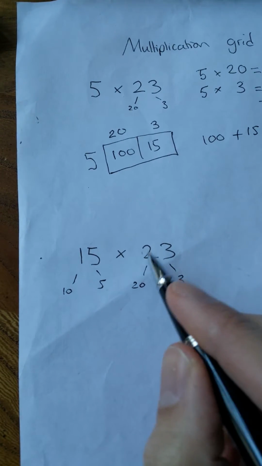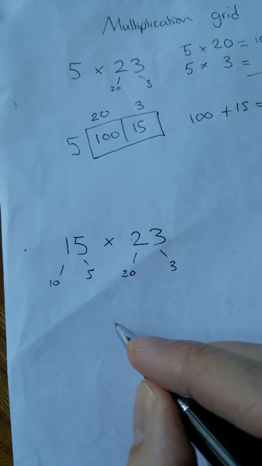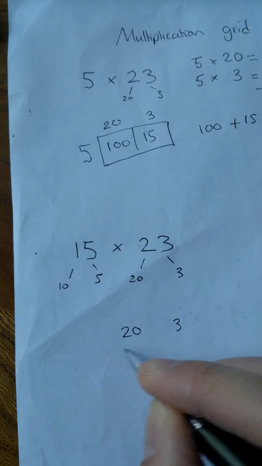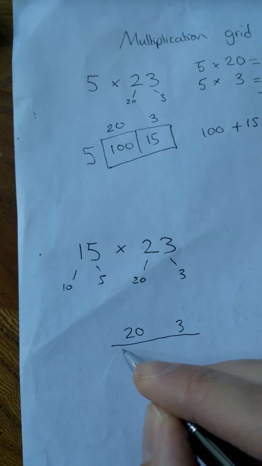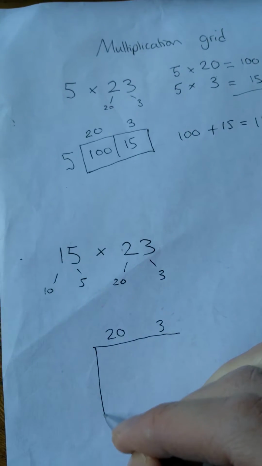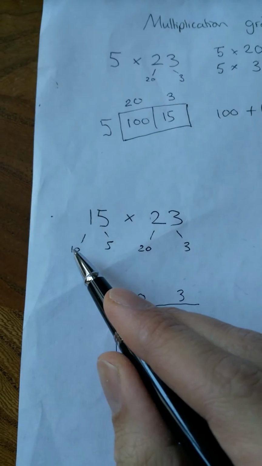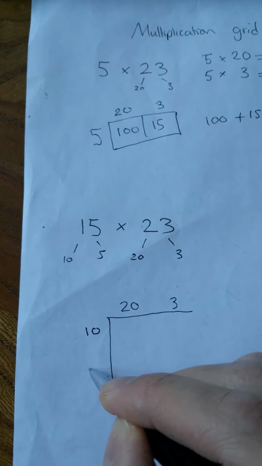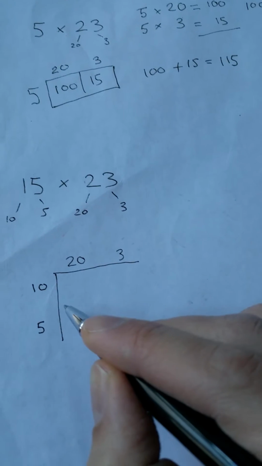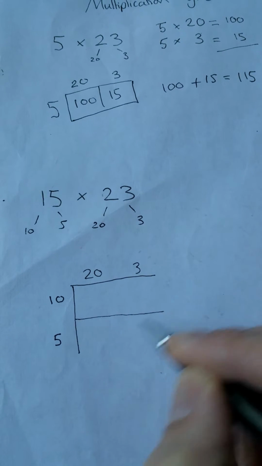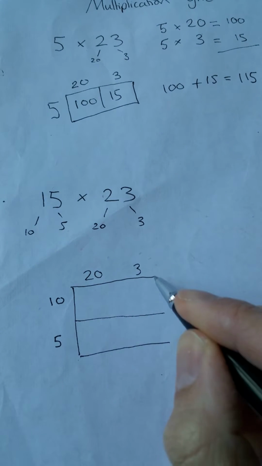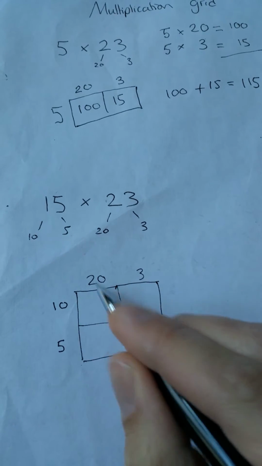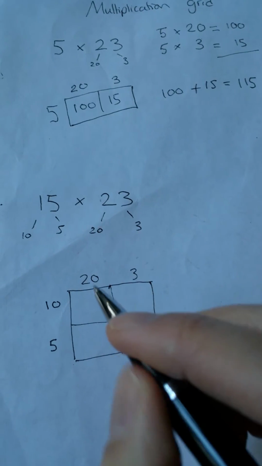I can still have my 20 and my 3 at the top, but on this side I have a 10 and a 5. So I'll put a 10 here and a 5 here. And now I will have 4 boxes to times out and then add together.